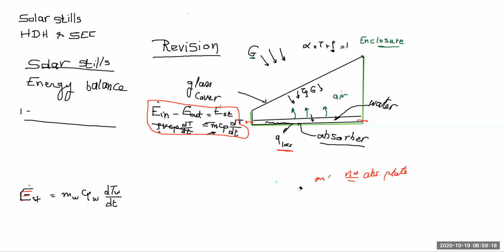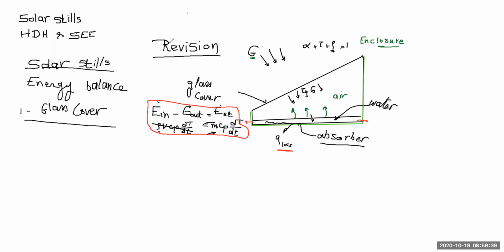And actually, we find that when we are moving from one unit to the other, there are some things that are repeated, like energy out from the plate is going to go to the water. Energy out from the water is going to go to the glass. So that's why we solve it as a system of equations. So here we are talking about the glass cover.